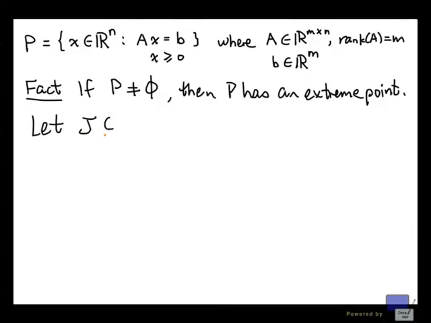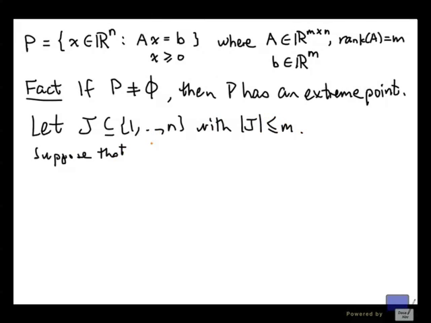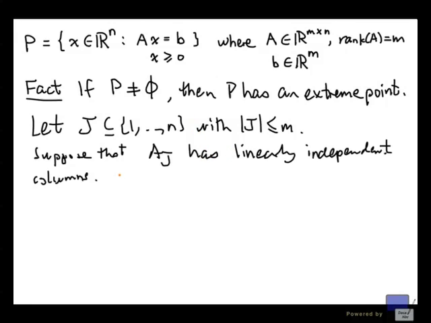Let's take a set J to be a subset of the indices of the variables with |J| at most m, and suppose that A_J has full column rank.